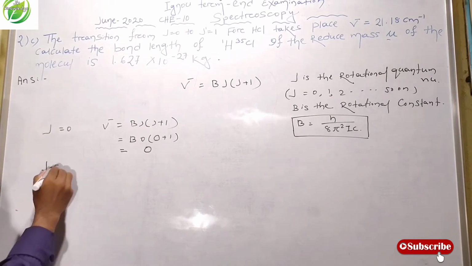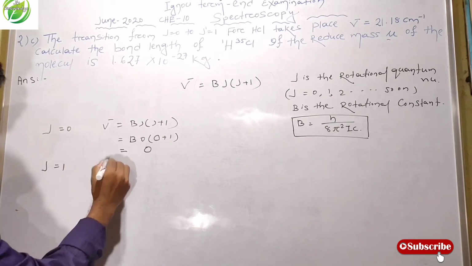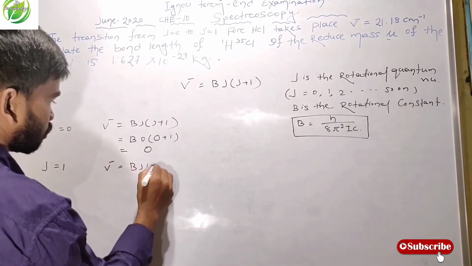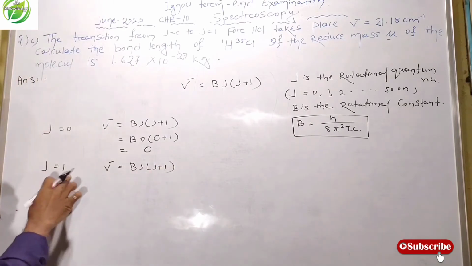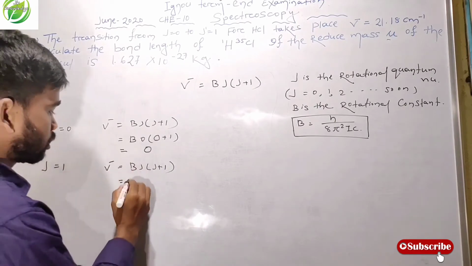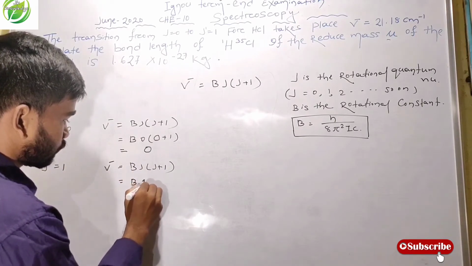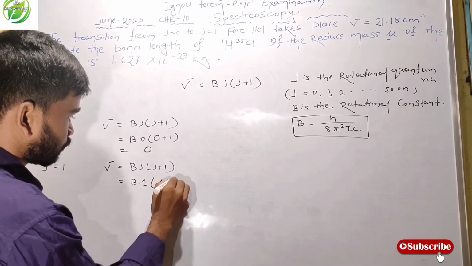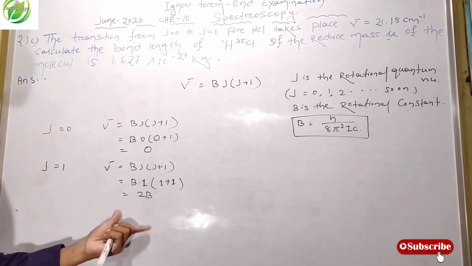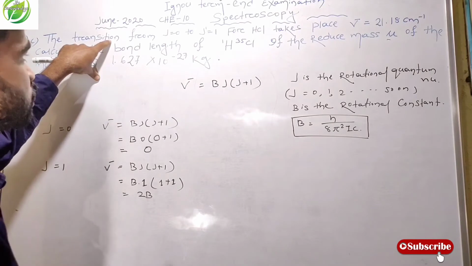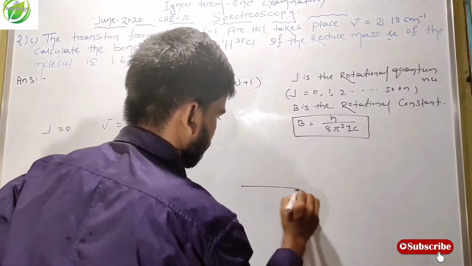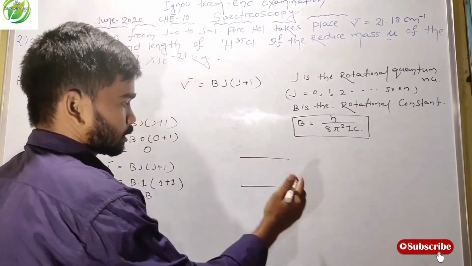For J equal to 1, we put 1 in J in the equation BJ(J+1), and we get 2B. According to this question, the transition is from J=0 to J=1; we know this is the ground state and this is the higher state.